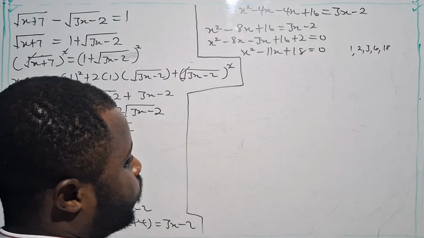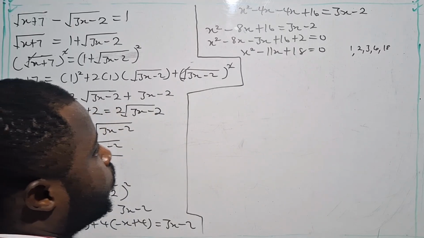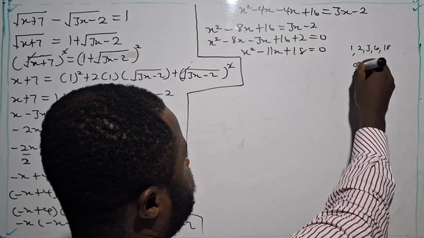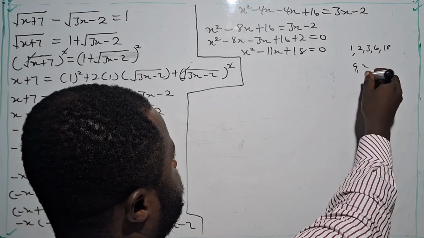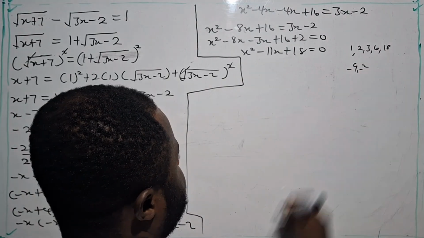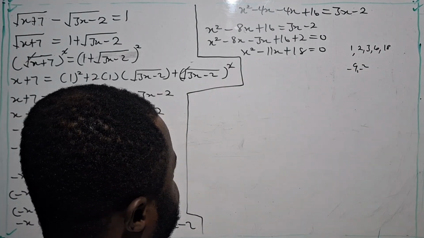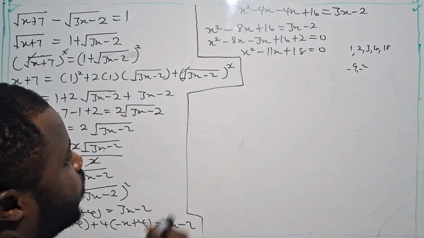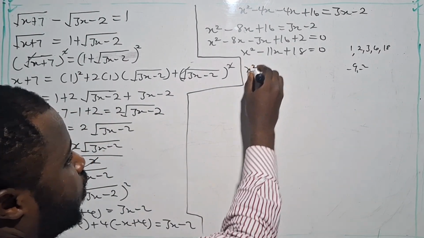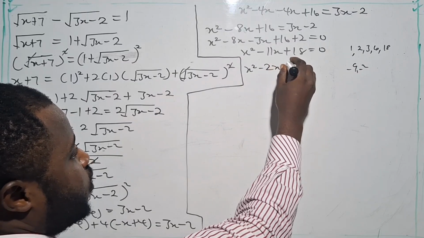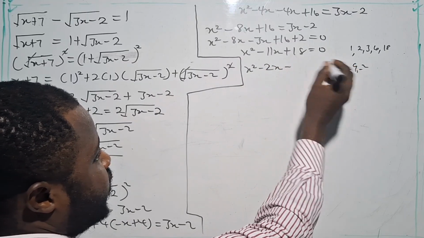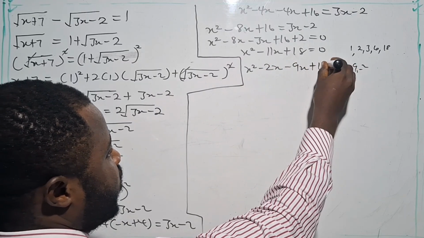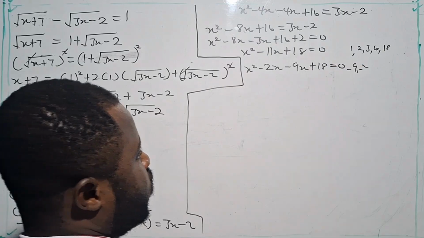So let me use 9 and 2: negative 9 and negative 2. When you multiply, you get positive 18, but when you add, you get negative 11. Then you replace the middle term. So I have x squared minus 2x minus 9x plus 18 is equal to 0.